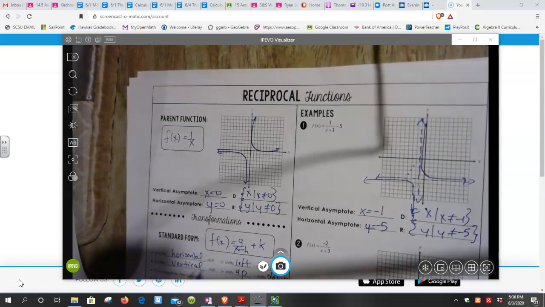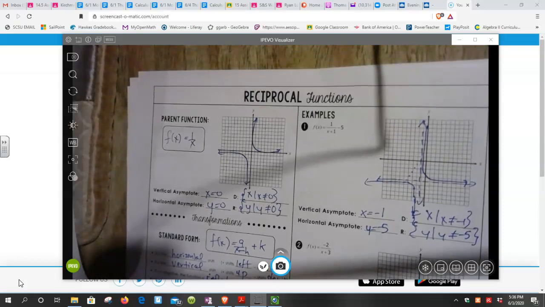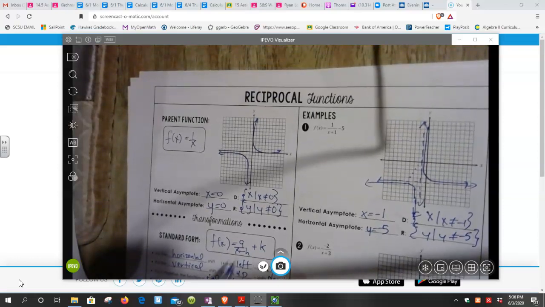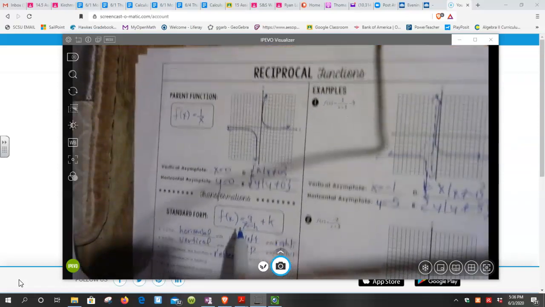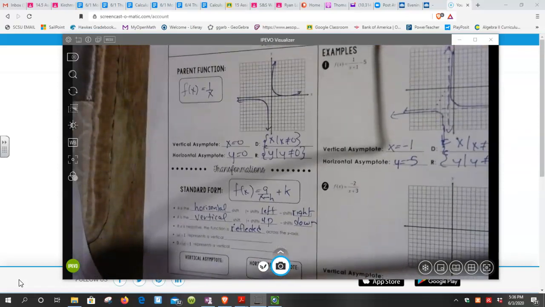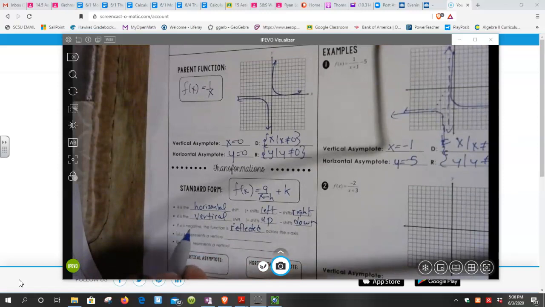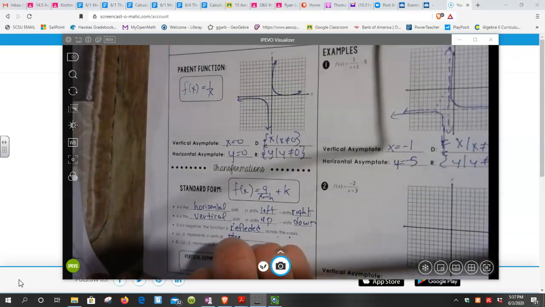If a is negative, the function is going to be reflected over the x-axis. Sorry about that, I'll bring it down. So I just said that if a is negative, then the function is going to be reflected over the x-axis. If the absolute value of a is greater than 1, then it's going to be stretched, which means it's going to get skinny.